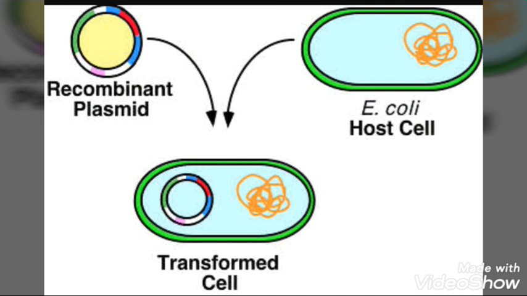So we are discussing the recombinant DNA technology tools. The host cell is one of the tools, the RE enzyme is a tool, ligase enzymes are tools, and vectors are used as tools. These are the important tools in this lesson.